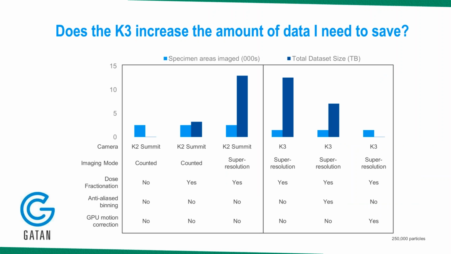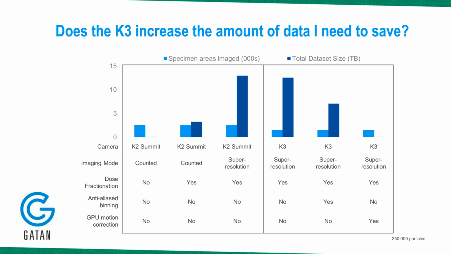If we're looking at the per data set cost, right, so 250,000 particles, you don't really need more space looking at K2 versus K3. The images, while larger and potentially having more frame depth, still have particle density in them that you would have in the other images.